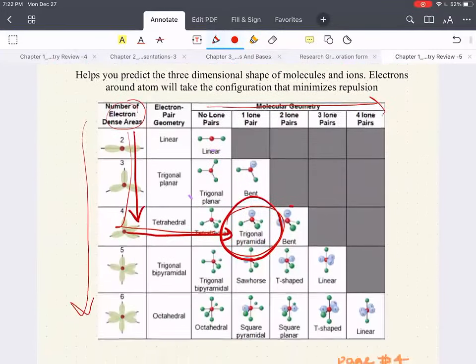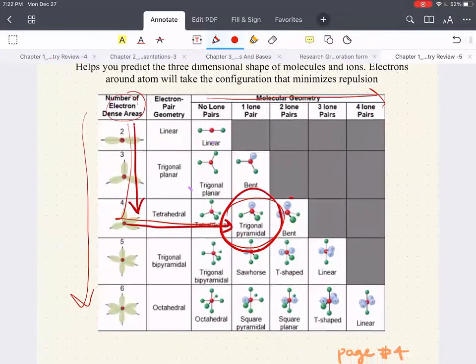So let's quickly do an example. What if we had BH3? I'm just going to quickly draw out B and the 3 hydrogens surrounding it. So first question we want to answer.